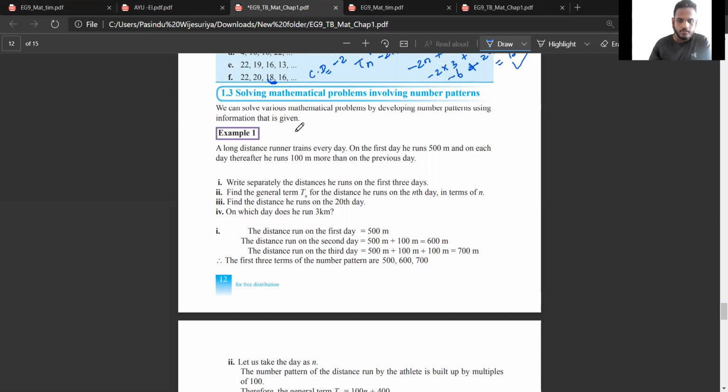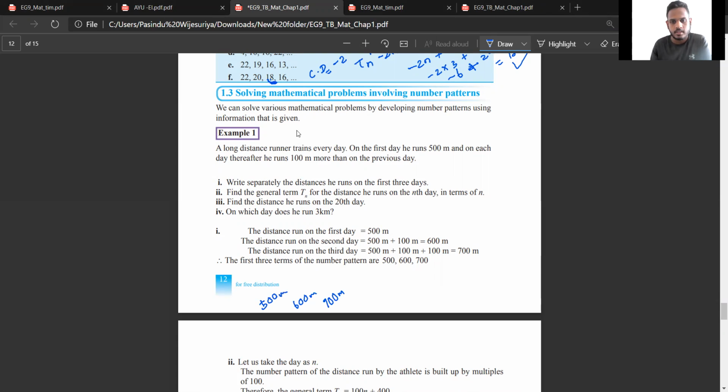On the first day, he runs 500 meters. If he runs 100 meters more the second day, the total would be 600. The third day will be 700. So this will be the answer for part 1.